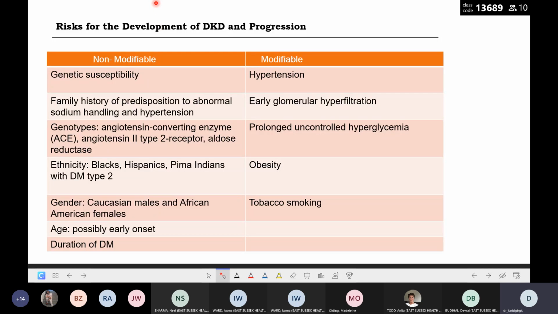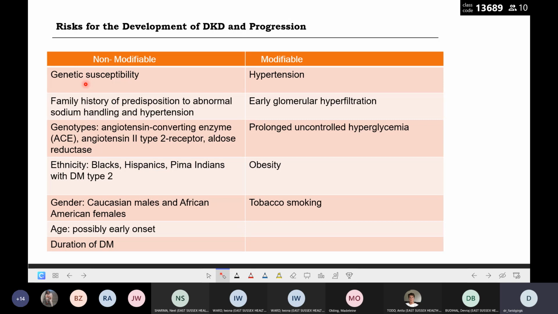What are the risk factors for development of diabetic kidney disease and its progression? Actually, we have non-modifiable and modifiable risk factors. The non-modifiable risk factors are like genetic susceptibility. You will find some people get diabetic kidney disease more severe than others and even in a shorter time than others.